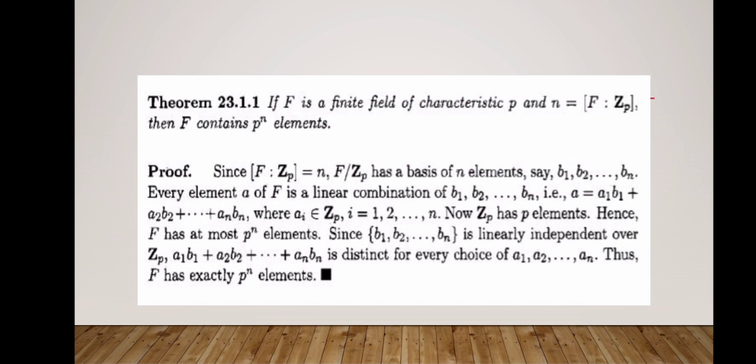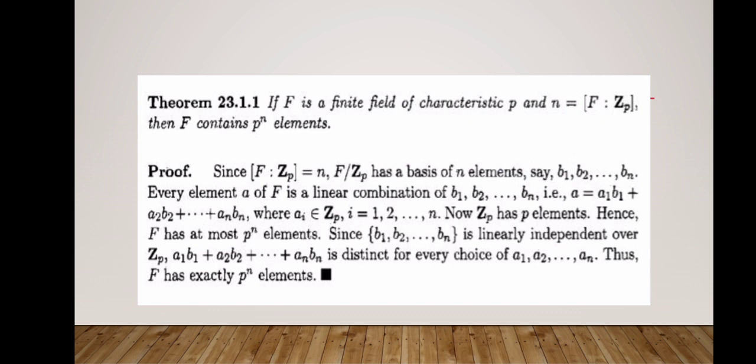Every element a of F is a linear combination of b_1, b_2, ..., b_n, that is, a = a_1 b_1 + a_2 b_2 + ... + a_n b_n, where a_i is an element of GF(p), i = 1, 2, ..., n. Now GF(p) has p elements, hence F has at most p^n elements.